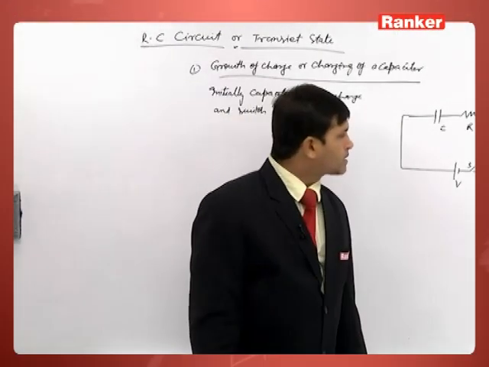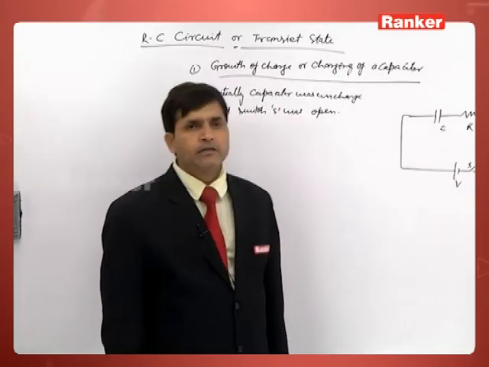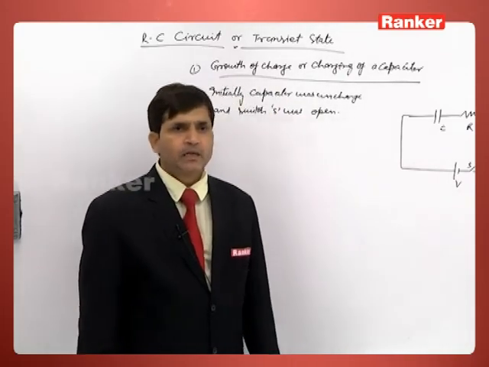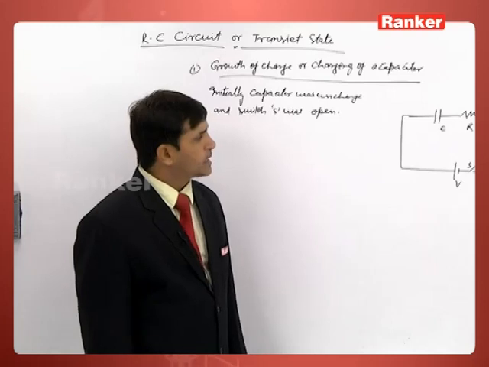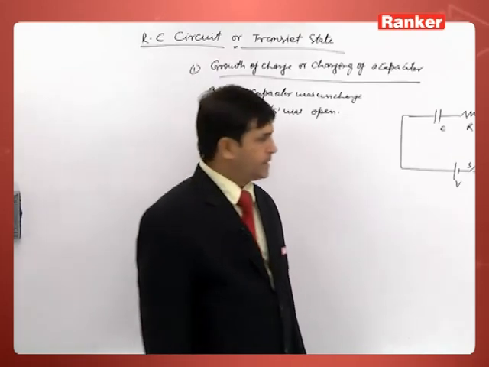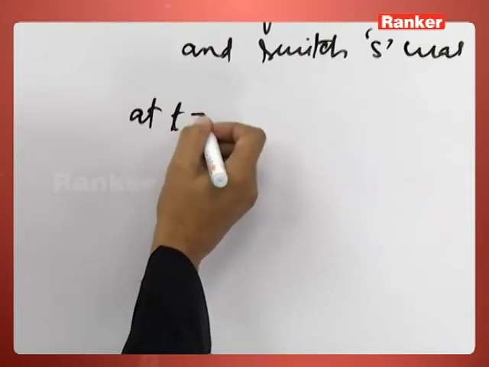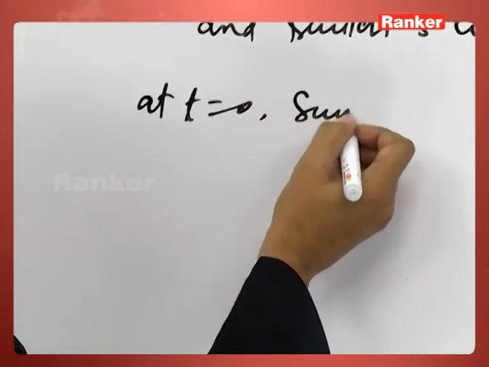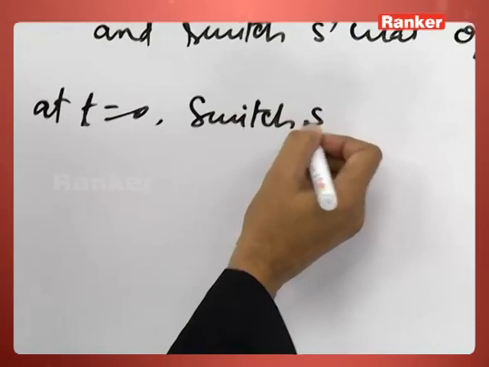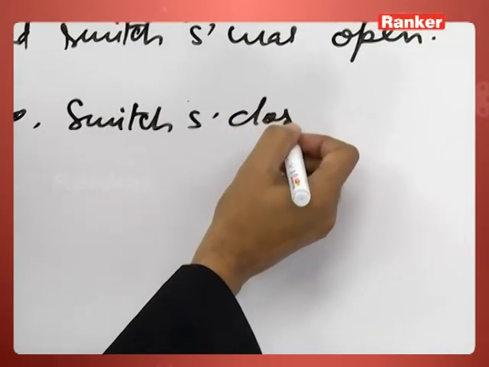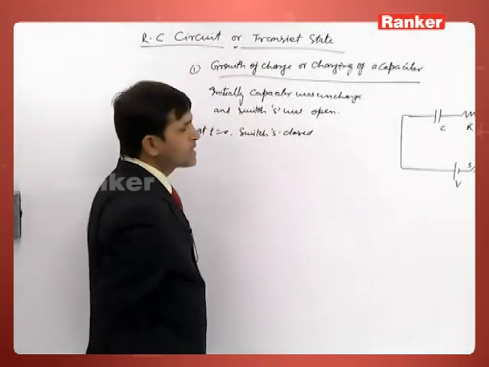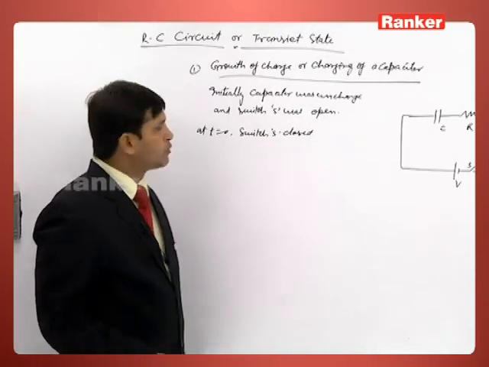Now we would like to solve how the charge on the capacitor changes with time, and because of that, how the current changes in the circuit. At t equal to 0, switch S closes.